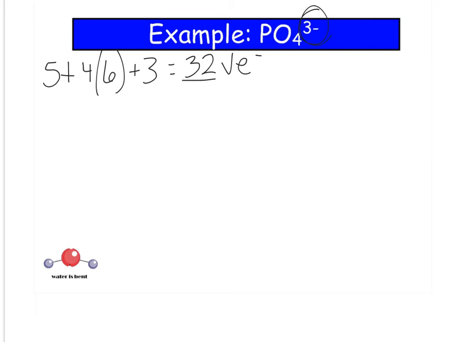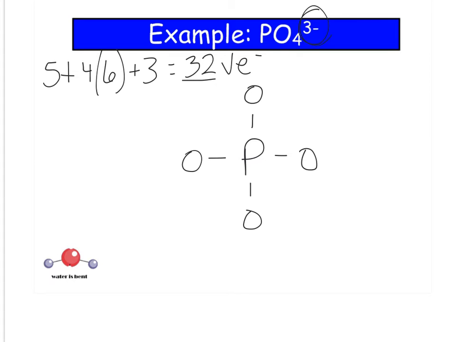So phosphorus is going in the middle because it's the least electronegative atom. And then since I've got 4 oxygen, I'm just going to start bonding the oxygen to phosphorus. All right, now let's see how many I've used up. Each line, remember, represents 2. So 2, 4, 6, 8. I've used up 8. So then I'm just going to start adding lone pairs. Phosphorus is happy. He's got 8 around him, but each one of these oxygen wants 8 too.